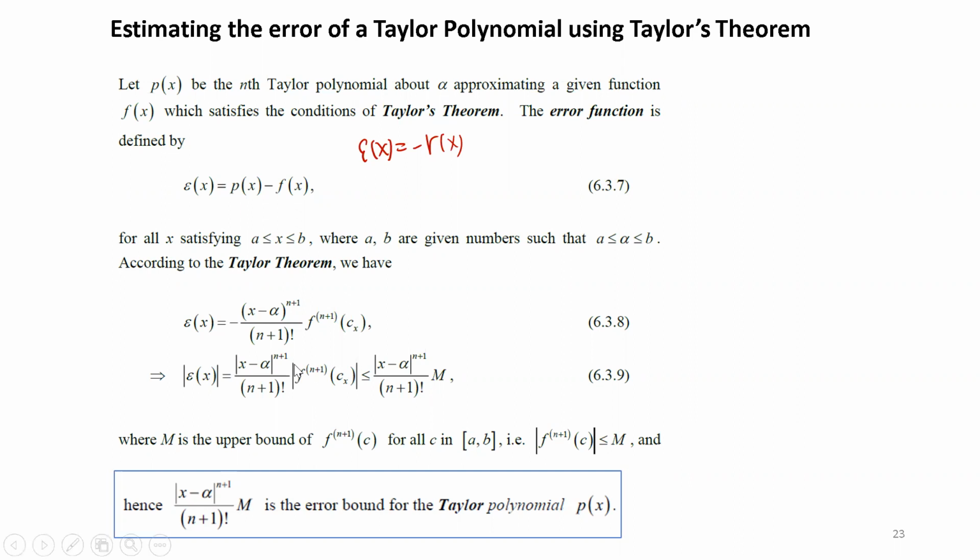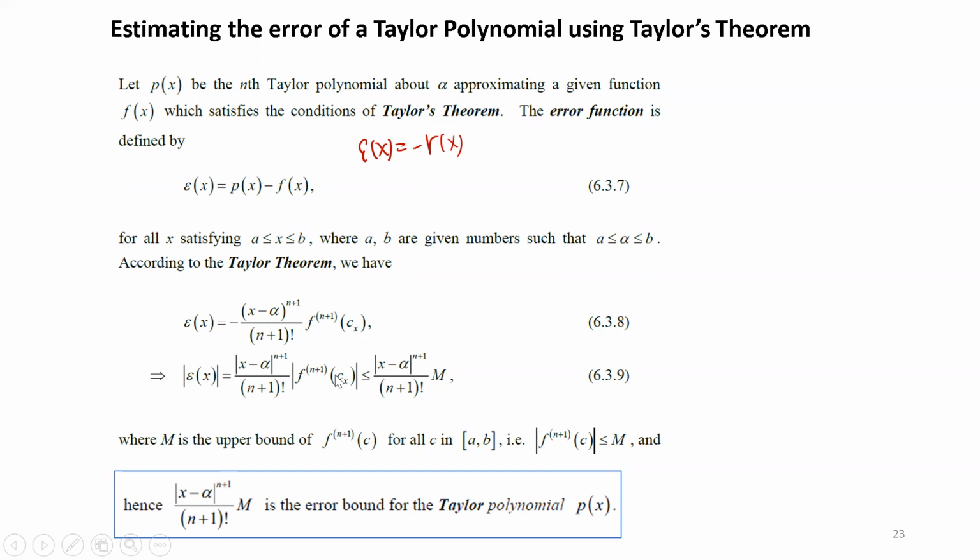However, you can find the upper bound for this term over here. As long as you can take the derivative, you can always find an upper bound for this term. For example, if I give you cosine of x as my function, you can take the derivative n+1 times. You know what it is: it will be either a sine or cosine, and from there you can know the maximum value of that function.